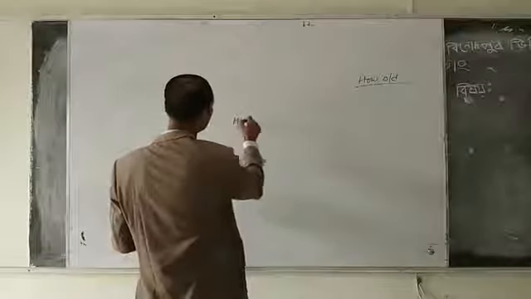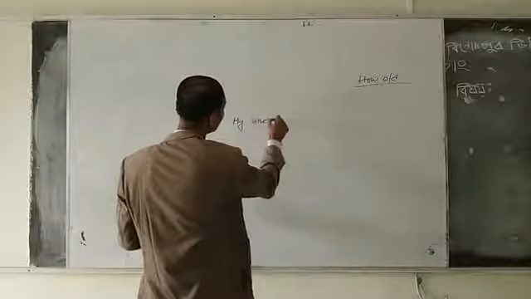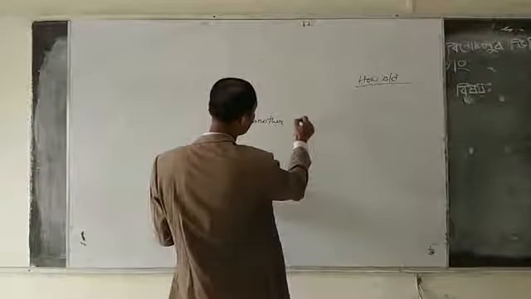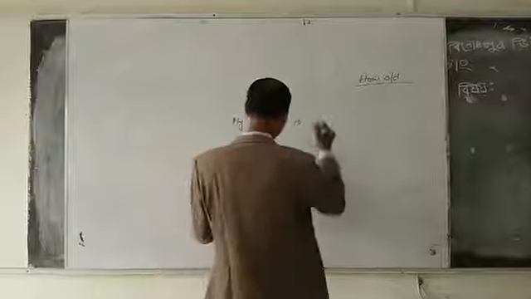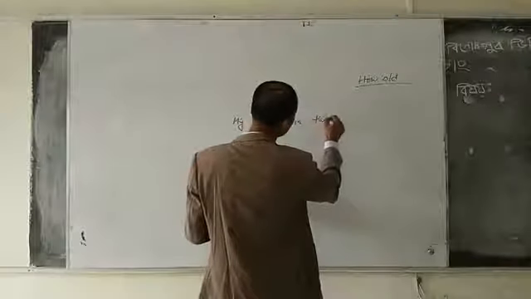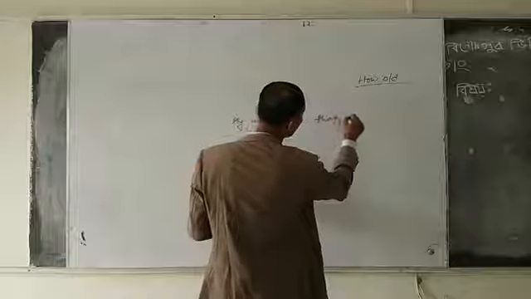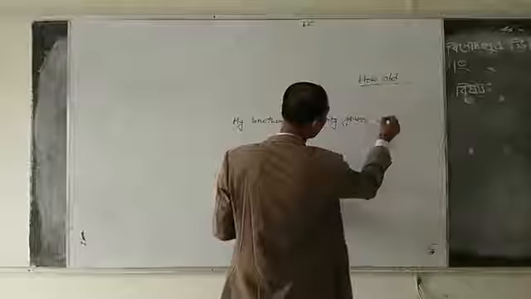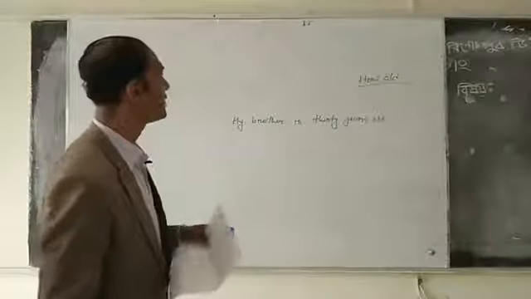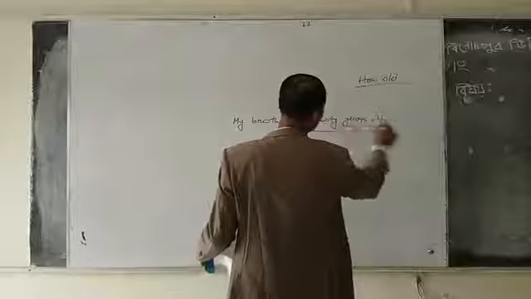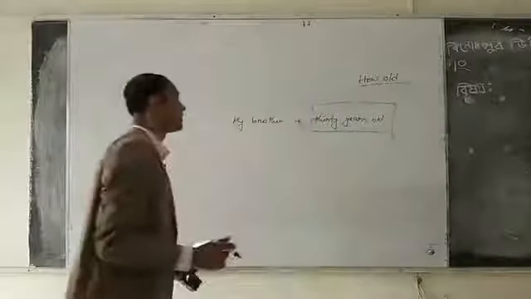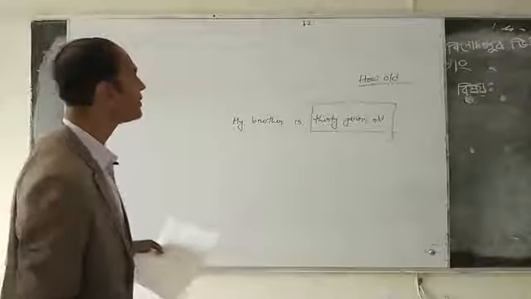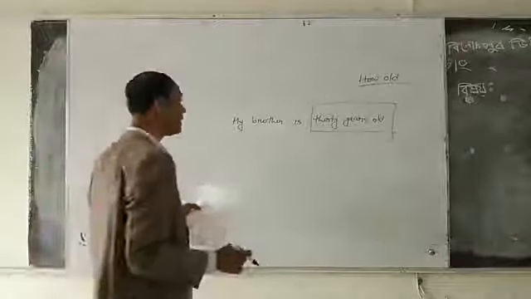My brother is 30 years old. From the sentence we get information about age, 30 years old. So according to the structure, we will use how old. Okay?